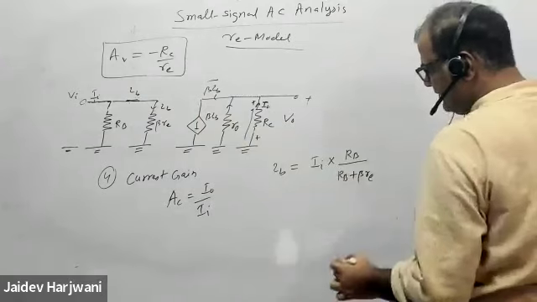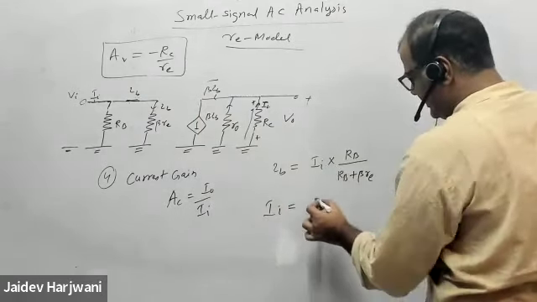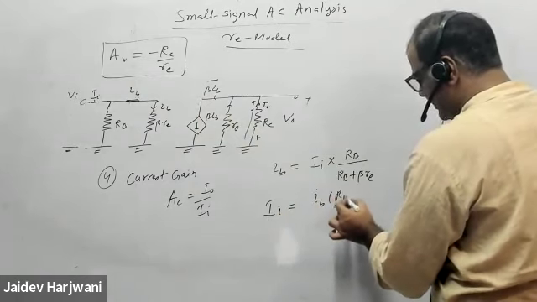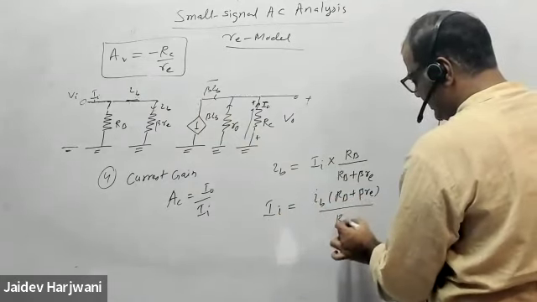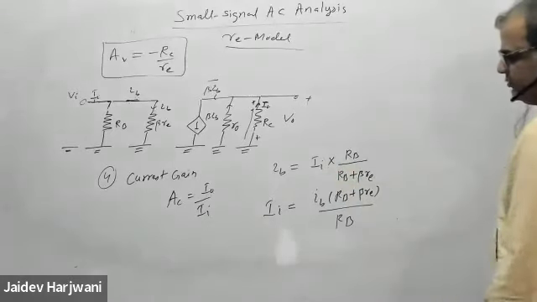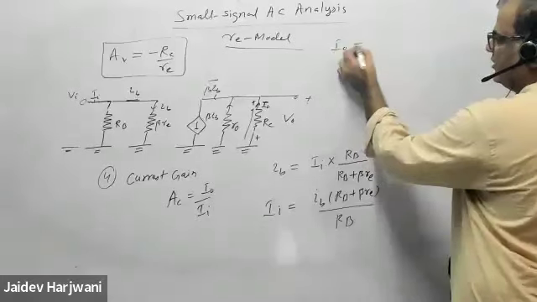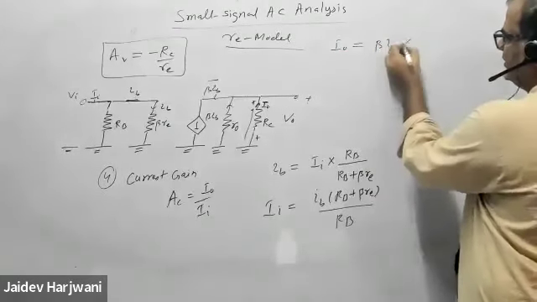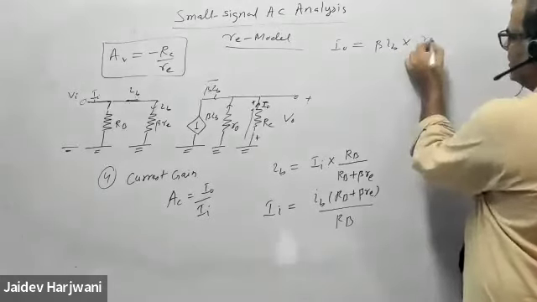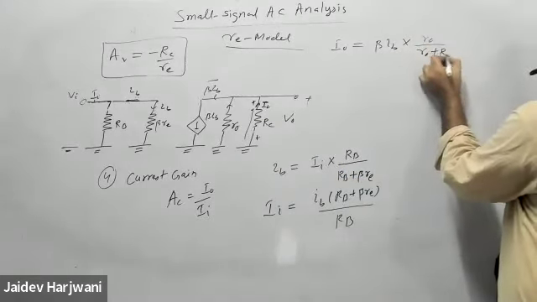So this is my IB, so I can find I input. I input will be IB into RB plus beta RE upon RB. And I naught, just now I wrote: total current beta IB, R naught upon R naught plus RC.